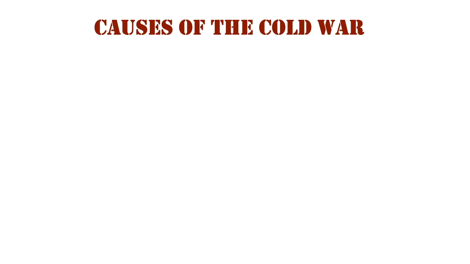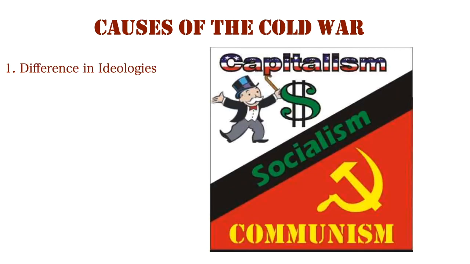So the causes were, number one, the difference in ideologies. Now, the United States and the Soviet Union represent two opposing systems of government. The United States believed in the ideology of liberal democracy as its political system, and in terms of economy, they believed in capitalism.